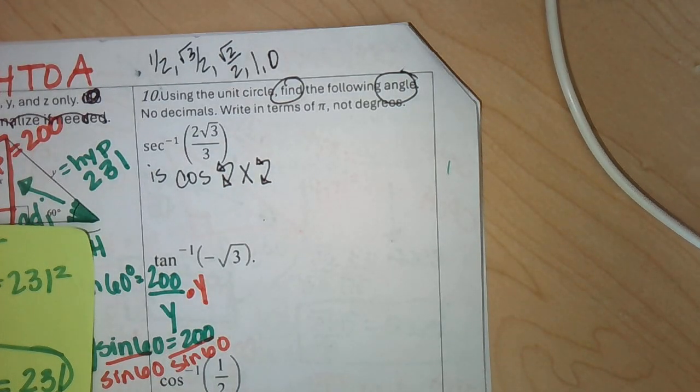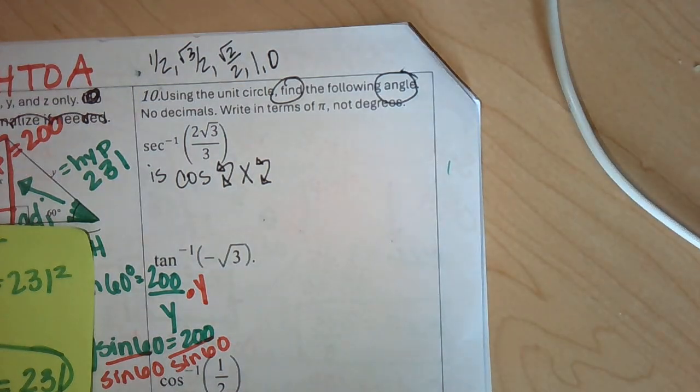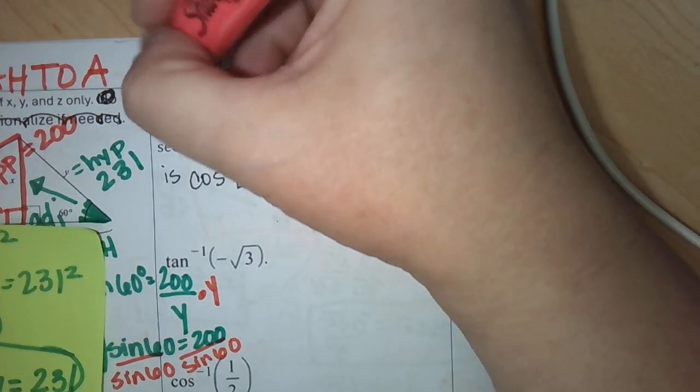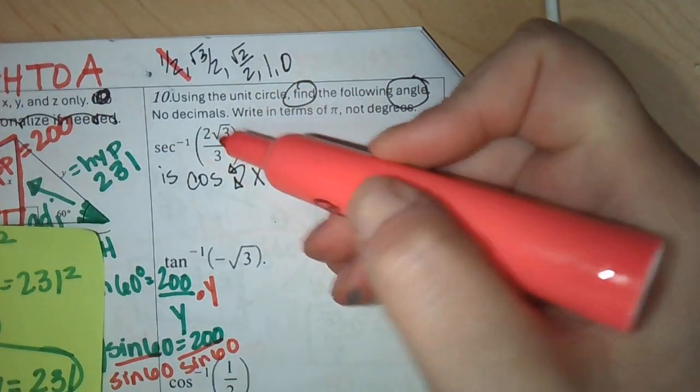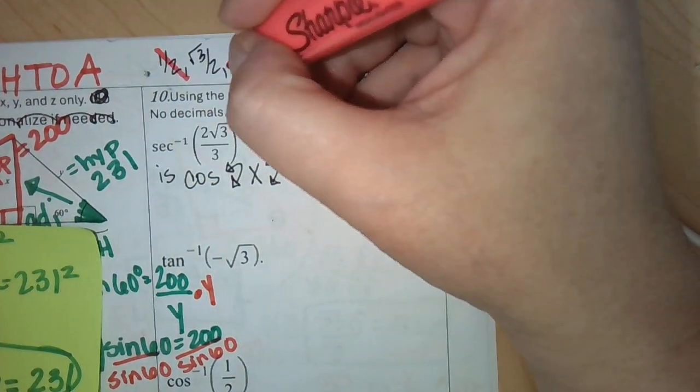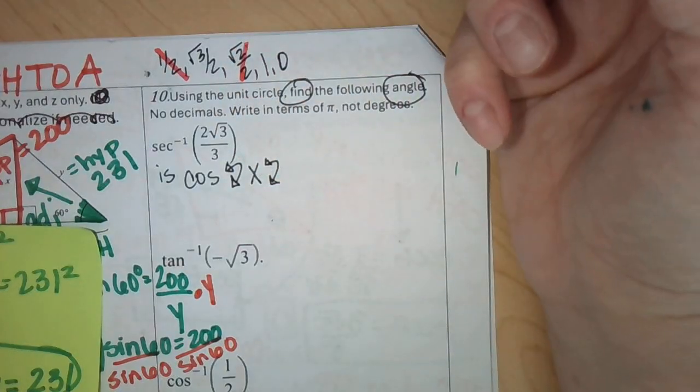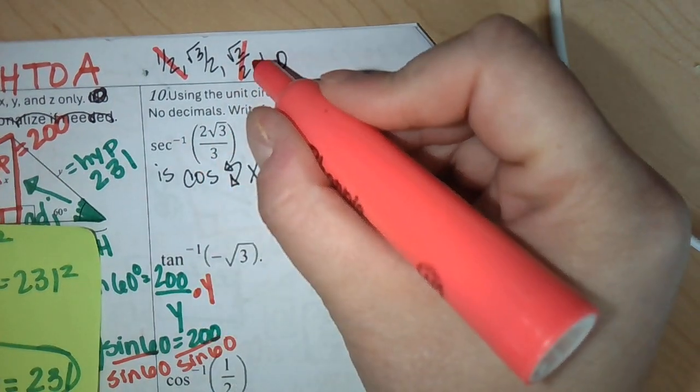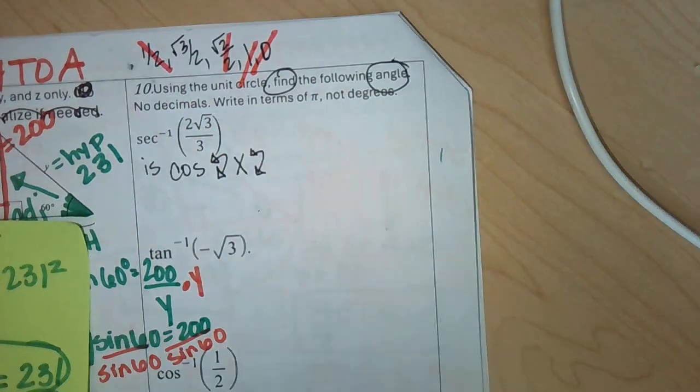Which one of those numbers could flip upside down to give me this secant 2 square root of 3 over 3? Well, I can't flip 1/2 and get this because there's no 3 in the 1/2. I can't flip square root of 2 over 2 because there's no 3 there. Definitely can't flip the 1 and the 0.